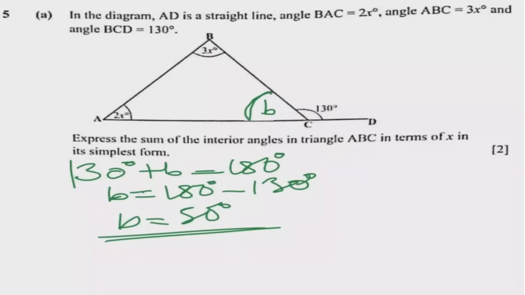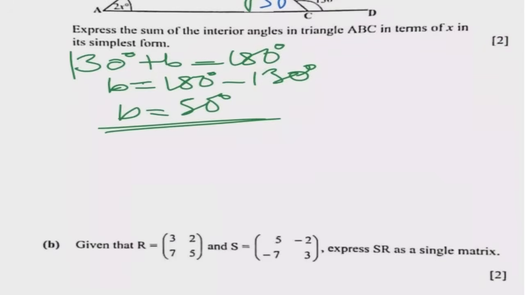Now that we've found the value of the angle B, I'm going to remove B there and write its actual value, which is 50 degrees. Now let's express the sum of interior angles in its simplest form.